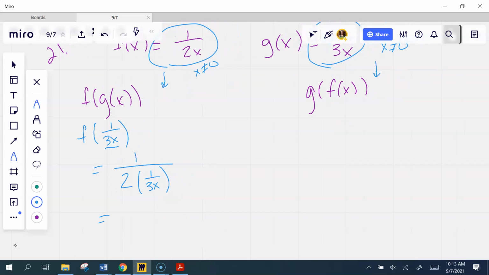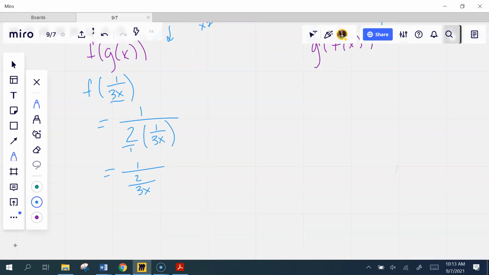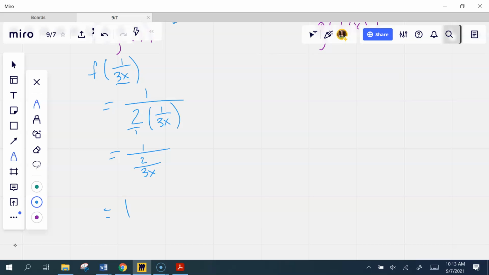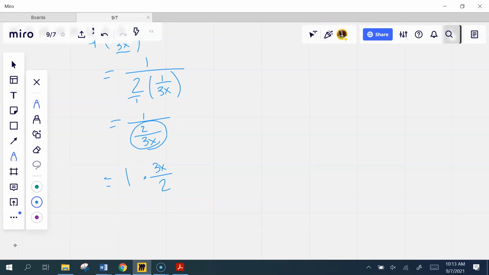And so I have, and I'm going to just simplify this and clean it up a little bit, 1 over top times top, bottom times bottom. Now because I have a fraction in a fraction, what I'm going to do is multiply by the reciprocal of the bottom. So the top times, it's not going to be 2 over 3x, I'm going to make it 3x over 2. So f of g of x is 3x over 2.